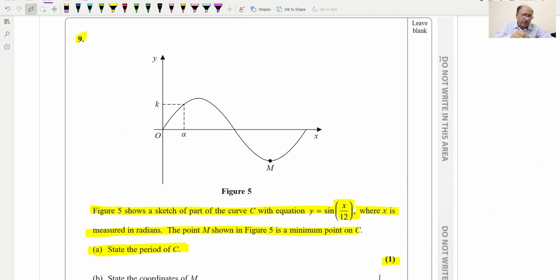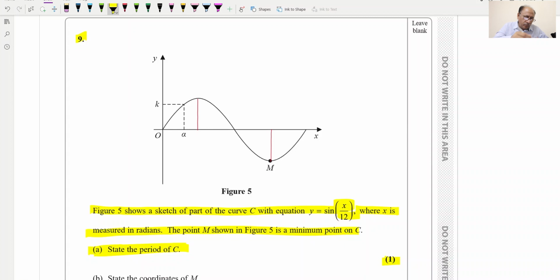For the period of C, we can split this drawing into different segments. Just for your understanding, I'm splitting it. We can split like this one and this one.